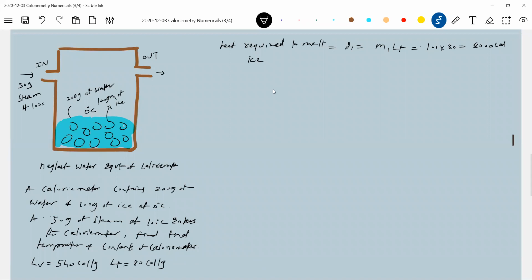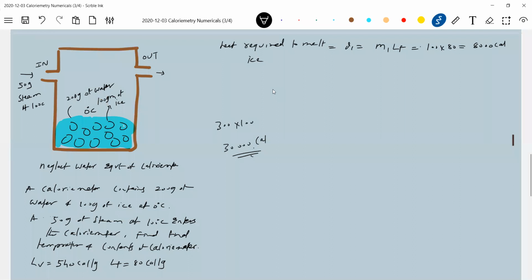I think it's quite simple. We can cross check. 200 plus 100, 300 is there. Specific heat of water is 1. So 300 into 100, 30,000 calories is needed for the whole temperature of the calorimeter to rise from 0 to 100.